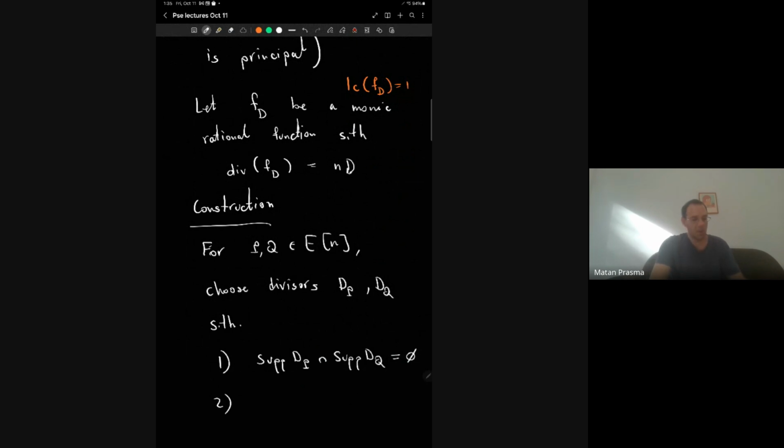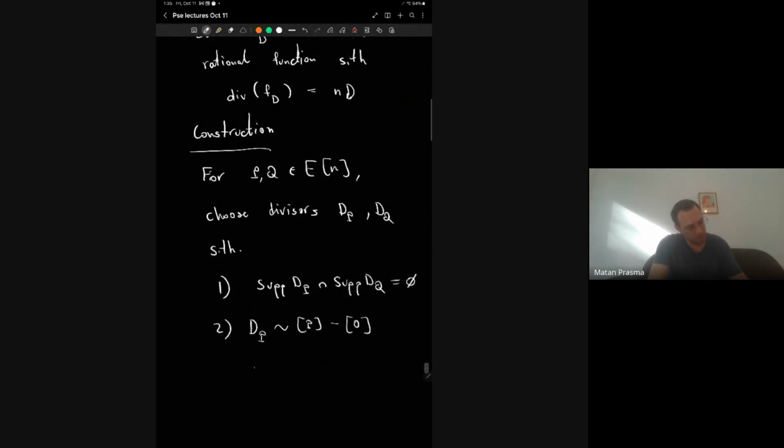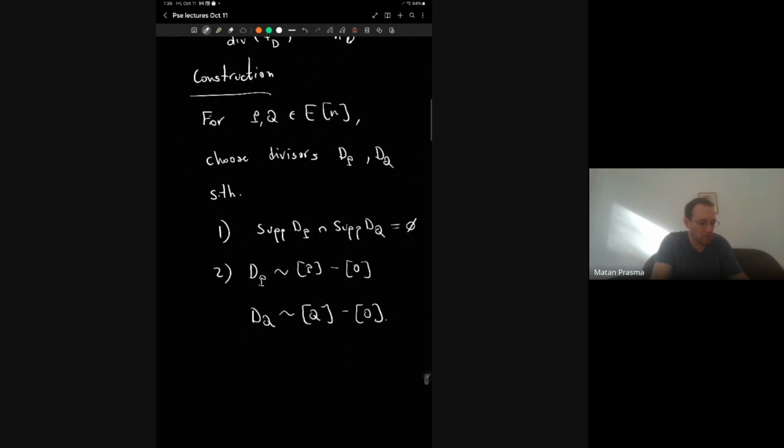And 2, dP is equivalent to P minus O, and dQ is equivalent to Q minus O. And actually it follows, if I can find such divisors dP and dQ, that n dP is equivalent to 0 and n dQ is equivalent to 0 as well.